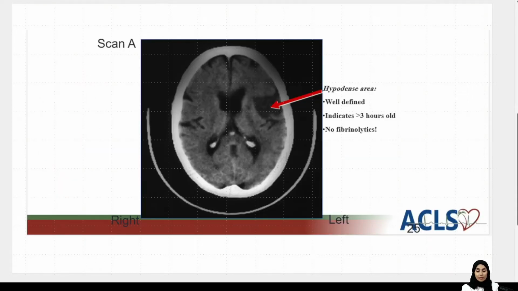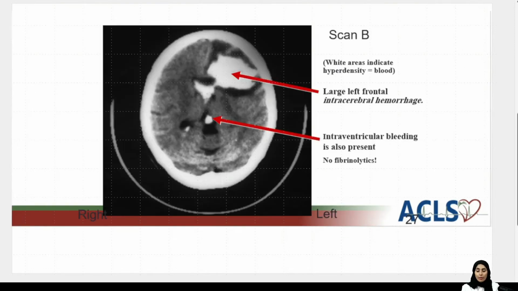This is an example of a head CT plain axial view that showed a well-defined hypodense area, which indicates that this is more than 3 hours old. This patient is not a candidate for fibrinolytic. While this scan showed a wide area of hyperdensity in the left frontal lobe, that means intracerebral hemorrhage.